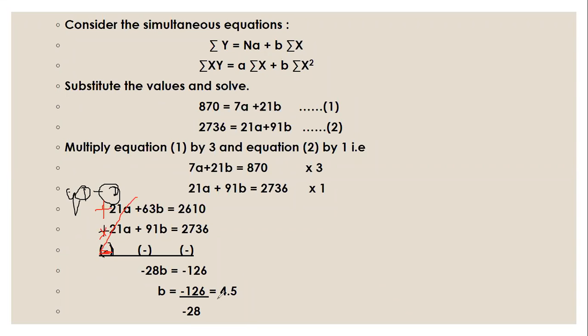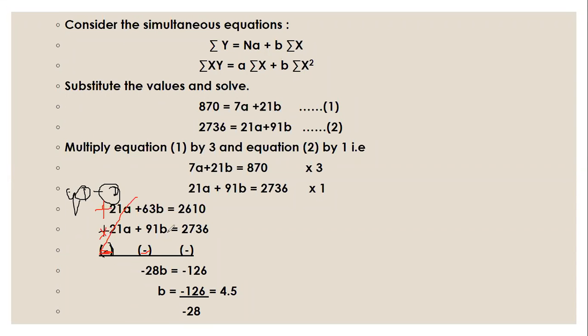It will be nullified. Now what is remaining? Plus 63B minus 91B. So 63 minus 91 is minus 28. If you're getting confused, use the calculator. 63 minus 91 is minus 28. And then take down B as it is.